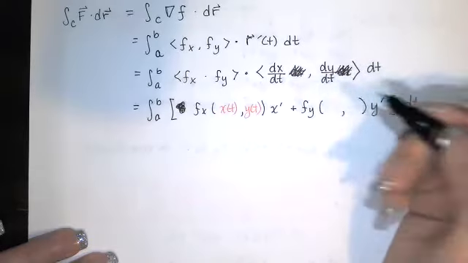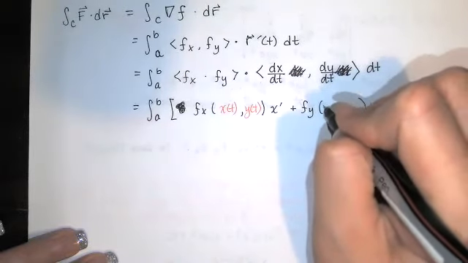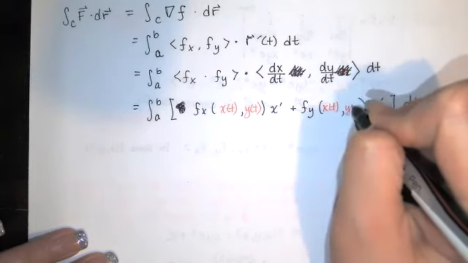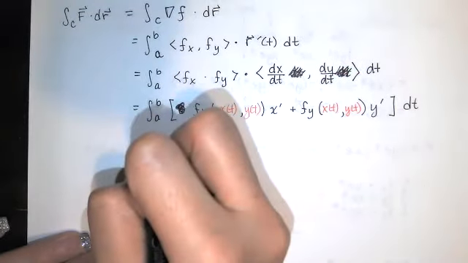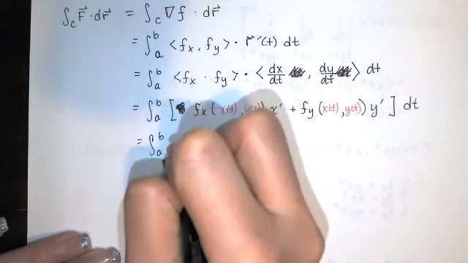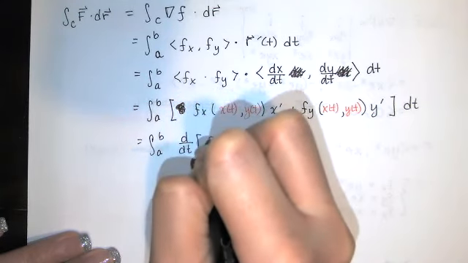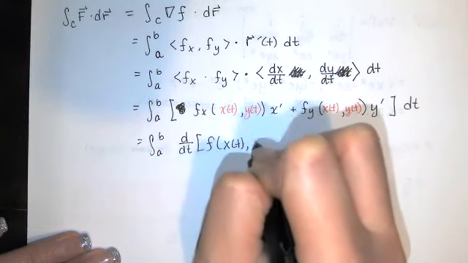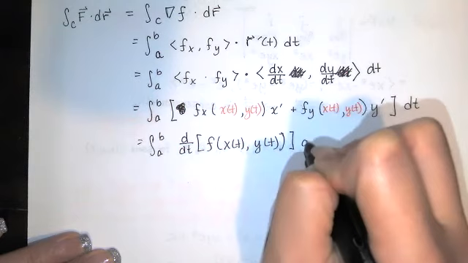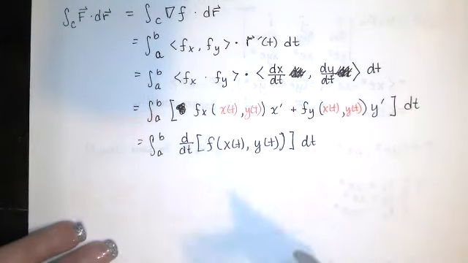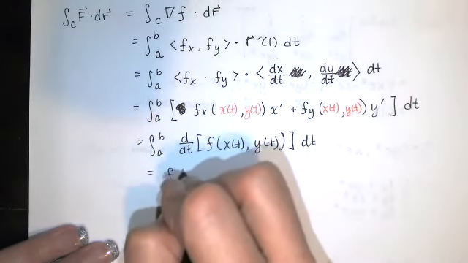You recognize this? That's a chain rule, guys. That's the derivative with respect to t of f of x of t, y of t. Well, what's the antiderivative of the derivative? It's the original function.